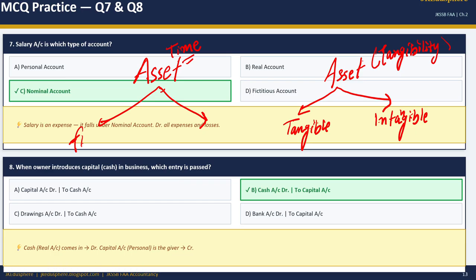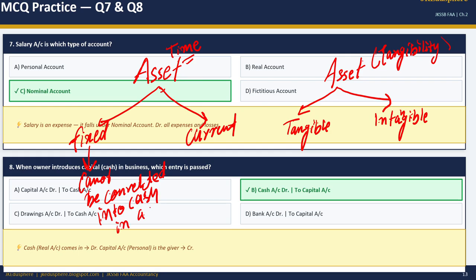And based on time, there are two types of asset. One is fixed asset, the other one is current asset, right? Fixed asset is one which cannot be converted into cash within a year. And opposite to that, current assets we convert into cash within a year.